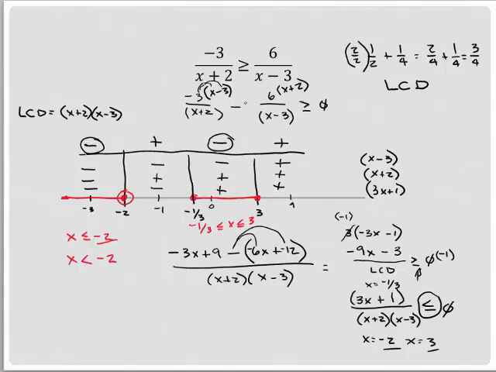How about negative 1/3? No problem there. How about 3? 3 minus 3 is 0. No good. We have to change that to an open circle, and we have to take this equal sign off. So it's less than 3.